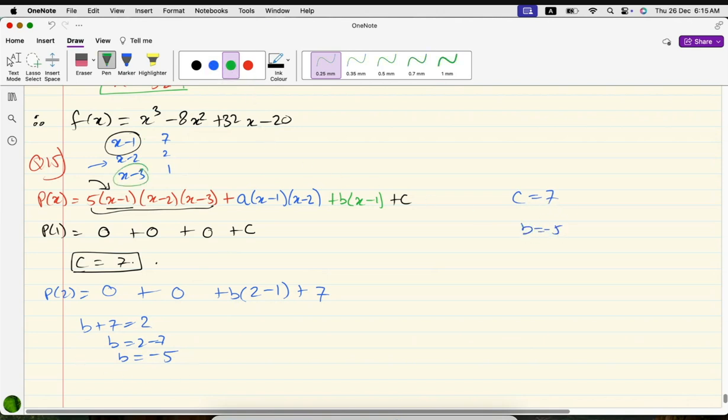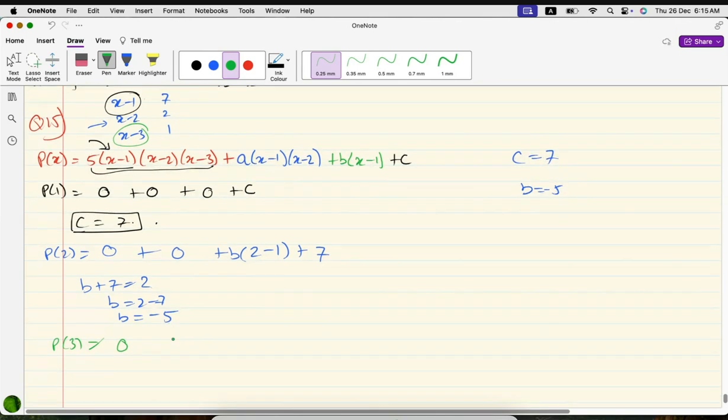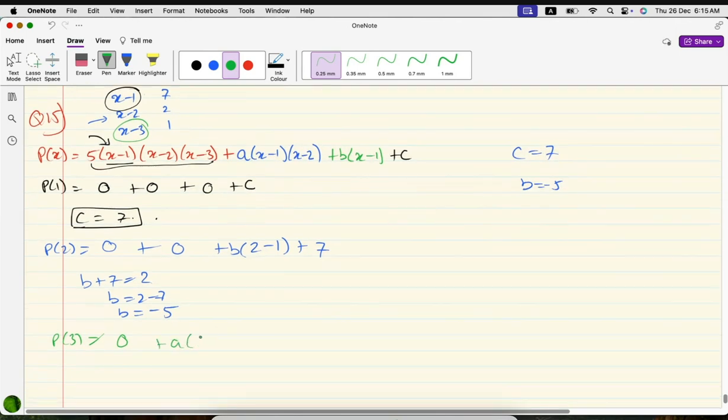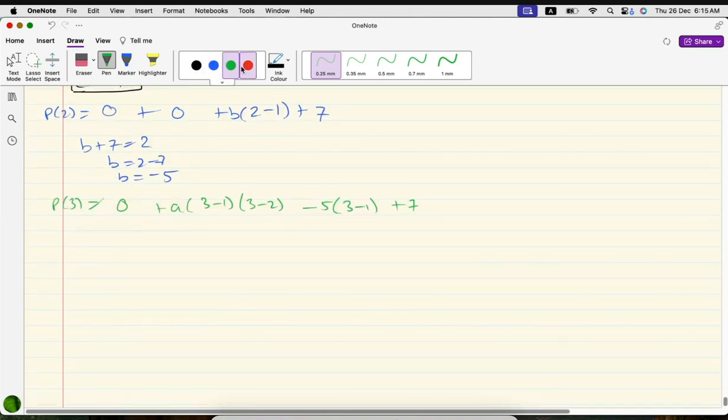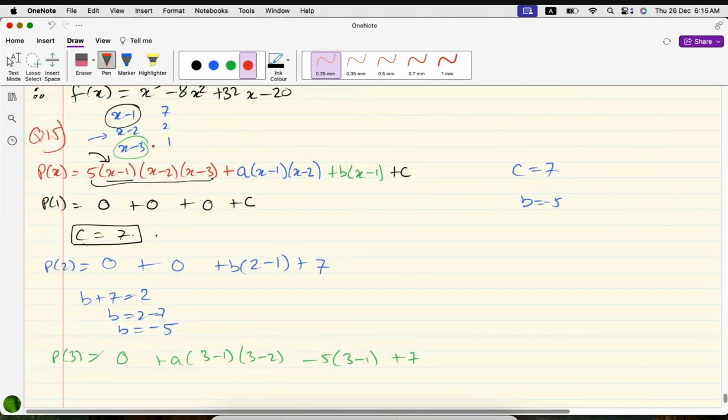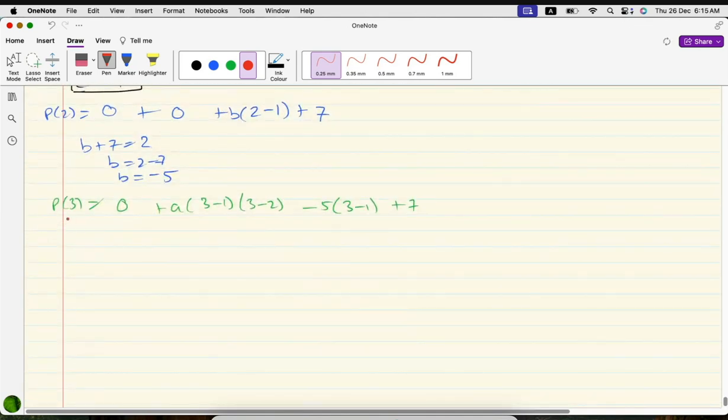And the third one, when x is 3, p of 3 equals, because of this x minus 3, this is again 0. We have now different values: plus a into 3 minus 1, 3 minus 2, b is already there, minus 5, into 3 minus 1, c is already there, that's 7. And the remainder was 1, so this is 1. 1 equals a into 2 times 1, that's 2a, minus 5 times 2 is minus 10, plus 7.